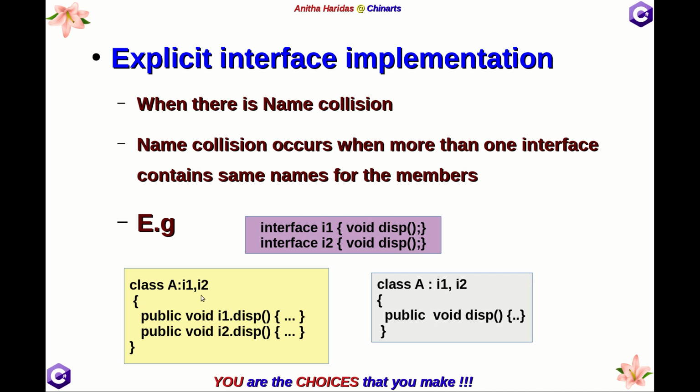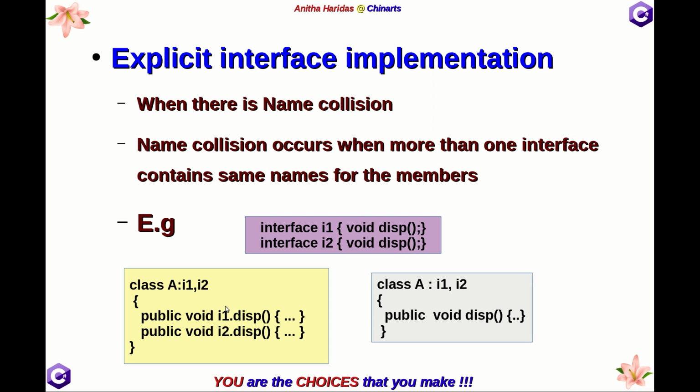So what we are going to do, when I declare class A extending I1 and I2, is use explicit interface implementation. What do you mean by explicit interface implementation here? You are going to explicitly specify whether this method is of I1 or I2.